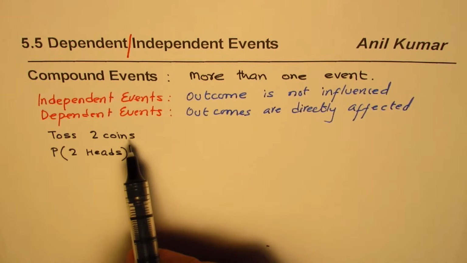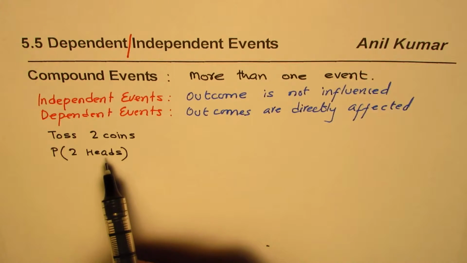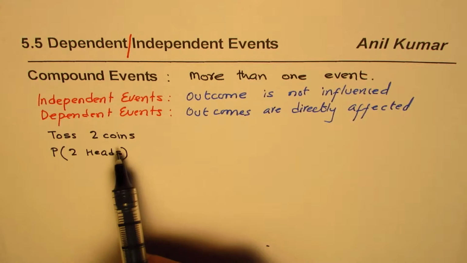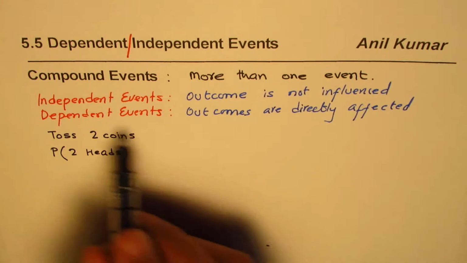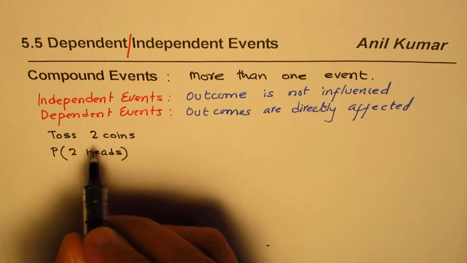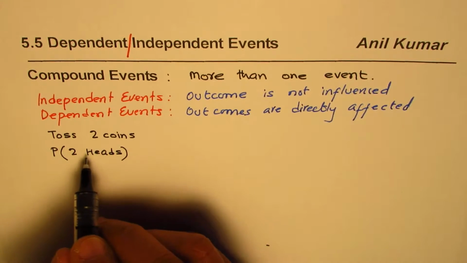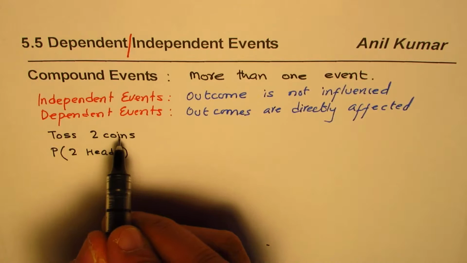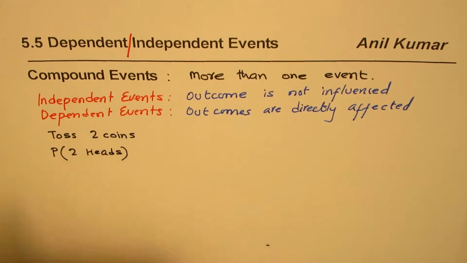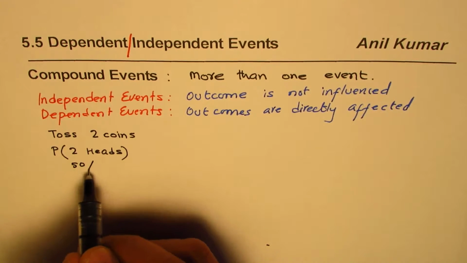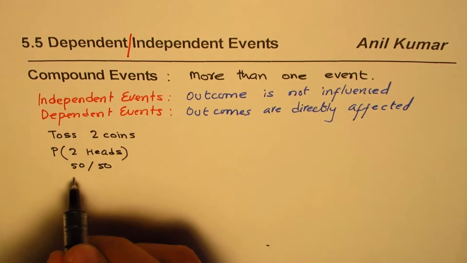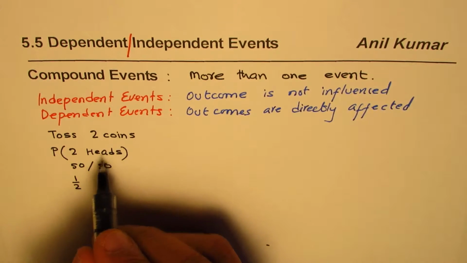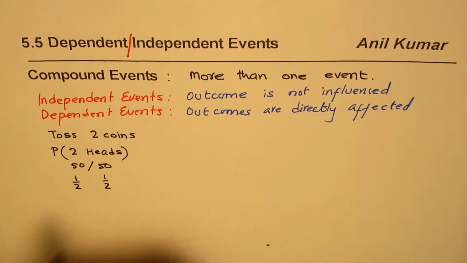When you toss a coin, it's a 50% chance of getting a head, 50% chance of getting a tail. When you toss them one after the other or both together, it doesn't really matter, right? Getting two heads means you get one head from the first and one head from the other. Since it is 50-50, it is 1/2, and for the other one also it is 1/2.